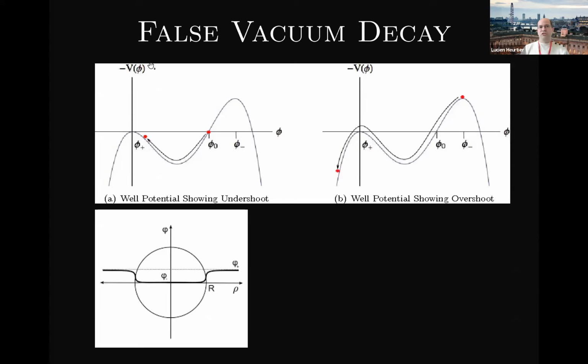You basically flip your potential because you're using Euclidean coordinates, and therefore there is this minus sign in front of the potential, and you look for field configurations which basically roll, trying to arrive at infinity on the metastable minimum here. So you can use a sort of shooting method where you try to find out the initial field value you need in order to arrive at infinity at the minimum here, and then you will obtain this kind of bubble profile.